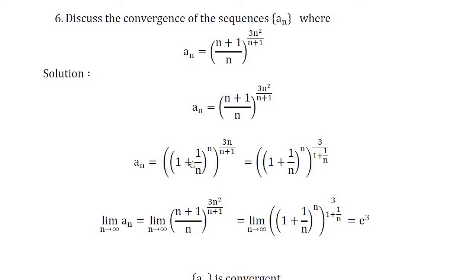That becomes (1 plus 1 by n) to the power of 3n square divided by n plus 1, which can be written as n whole to the power of 3n divided by n plus 1. That is equal to (1 plus 1 by n) to the power of n whole to the power of, divide n for both numerator and denominator, 3n divided by n is 3, n plus 1 divided by n is 1 plus 1 by n.